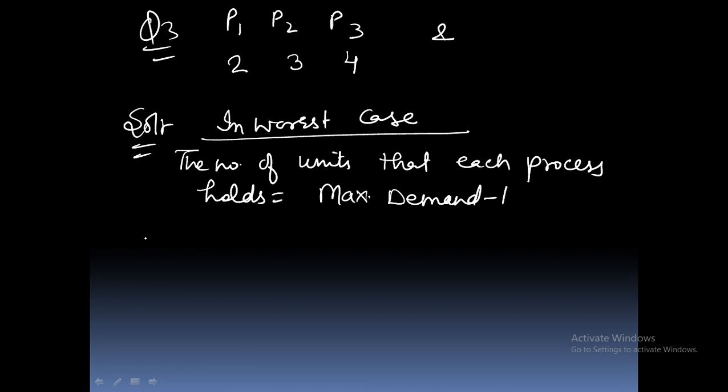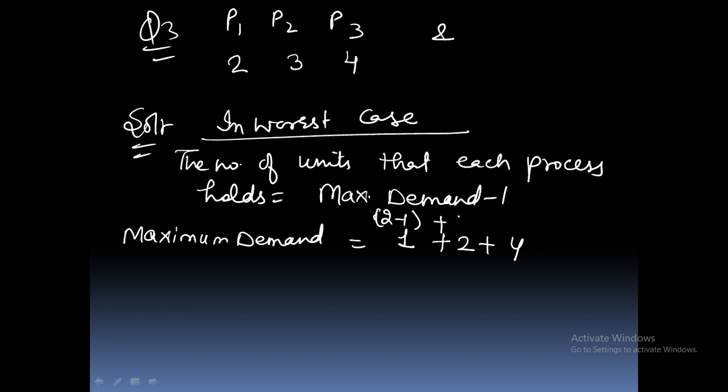So maximum demand, that is equal to 2 minus 1 plus 3 minus 1 plus 4 minus 1.